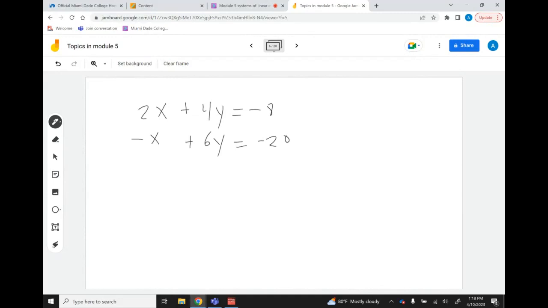All right. So now it makes sense in this case to eliminate the x. So I'm going to multiply the bottom equation by 2. The top one, I'm going to rewrite exactly the same.